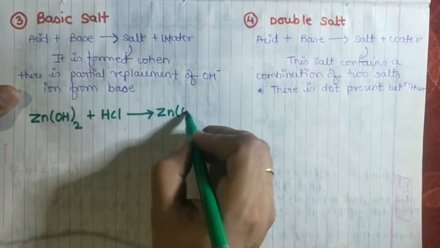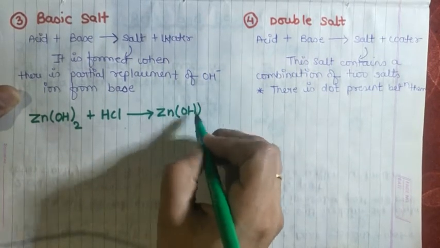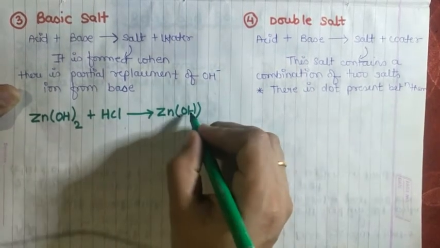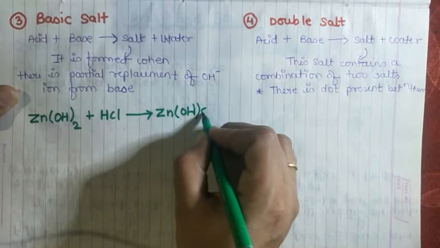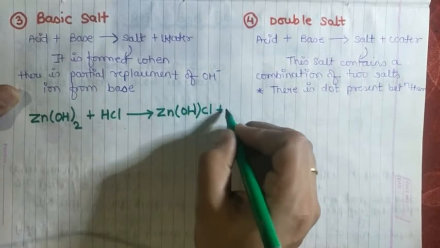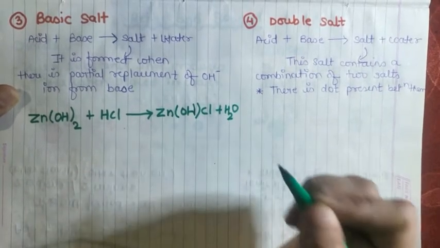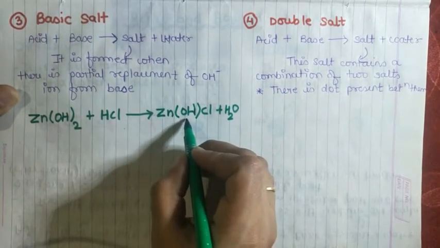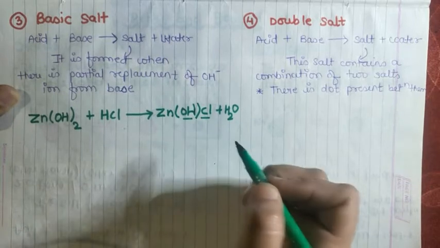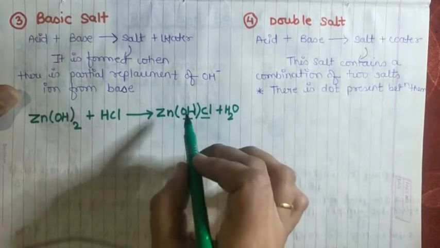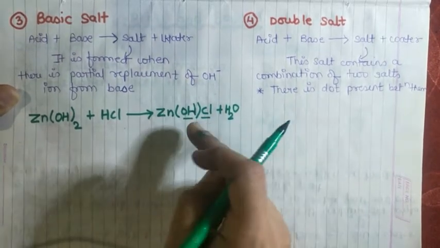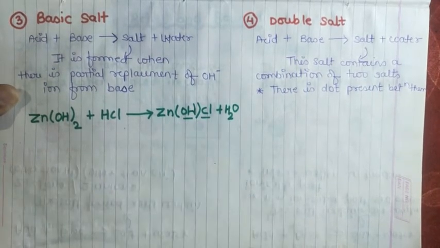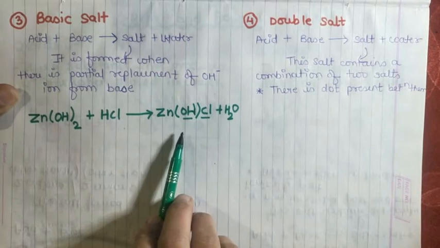Two hydroxyl ions were there, but only one was replaced and one is still there in the salt. Then you get water. So you can see that there are two anions: one is the hydroxyl ion and the other is the chloride ion. In this case, more than one anion is formed, so these are termed basic salts.